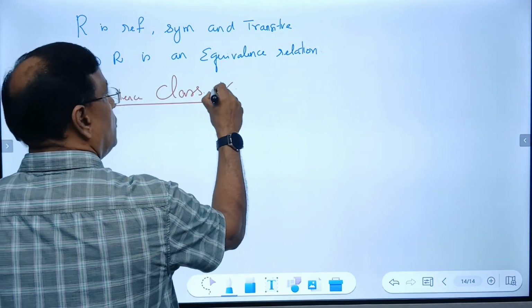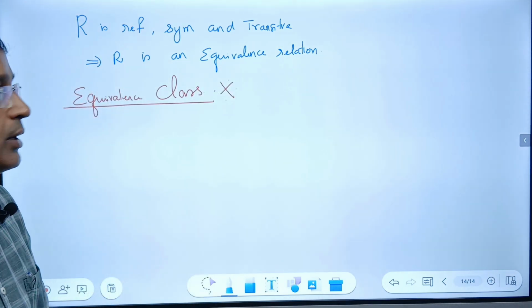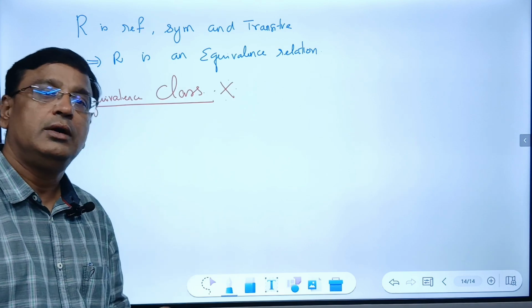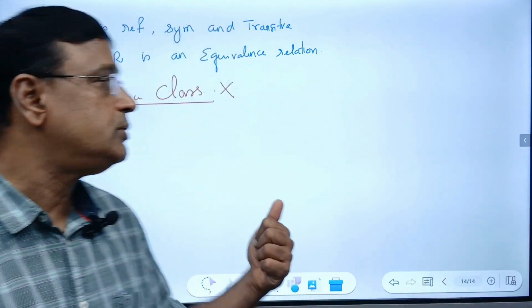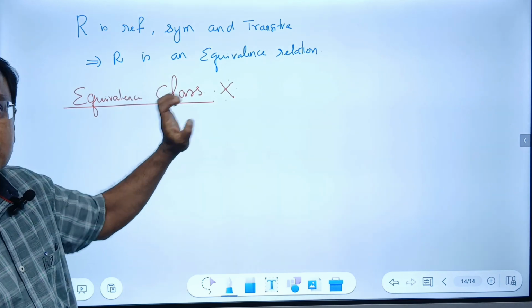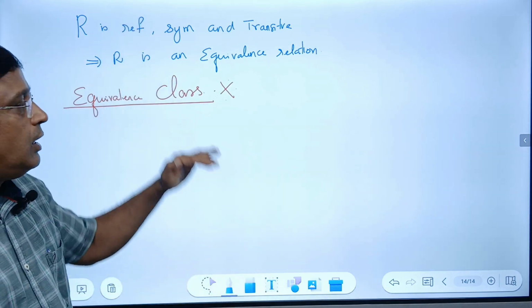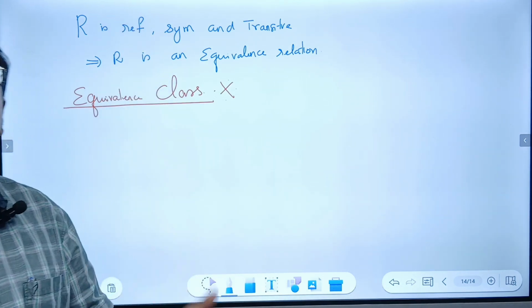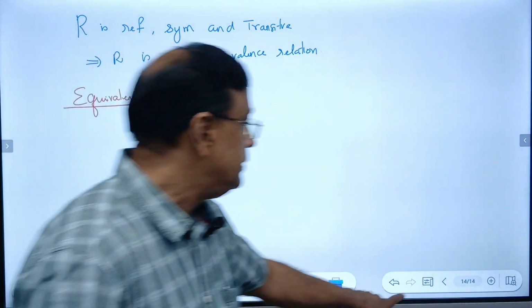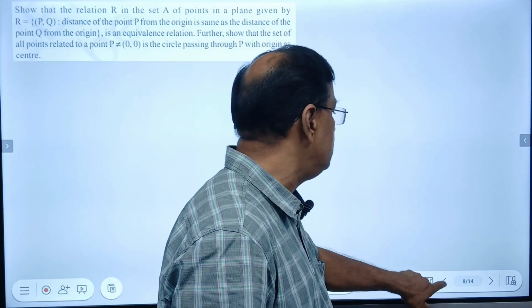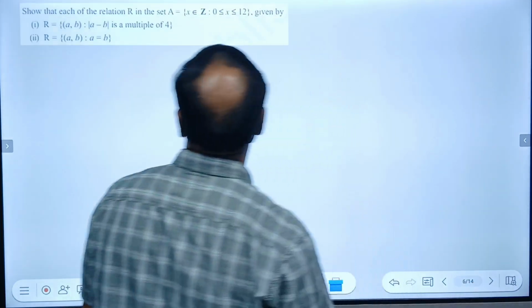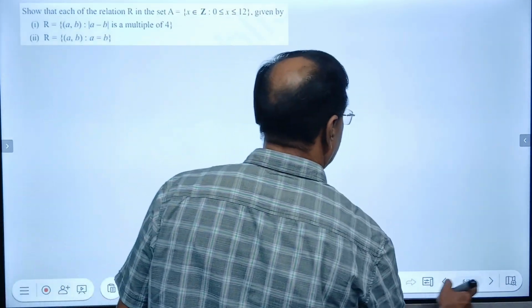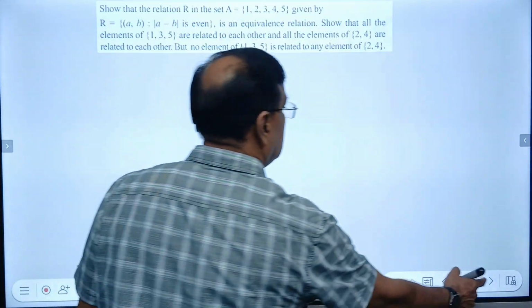What is an equivalence class? The definition and an example, we'll do in the next video, so that you also understand what it is. So it's a lengthy problem. I will take a problem and try to find the equivalence class for you. So now what we'll do, we'll just try to solve one question.